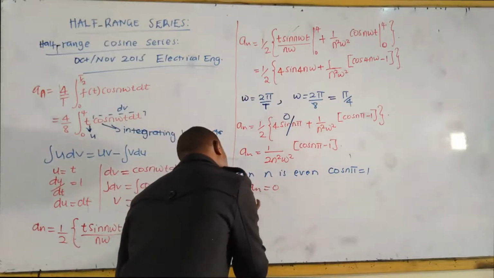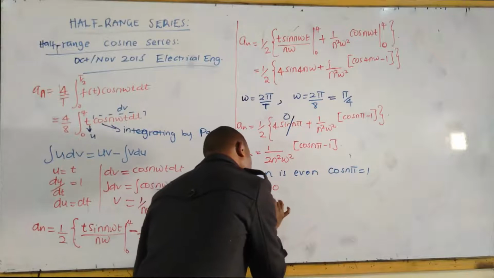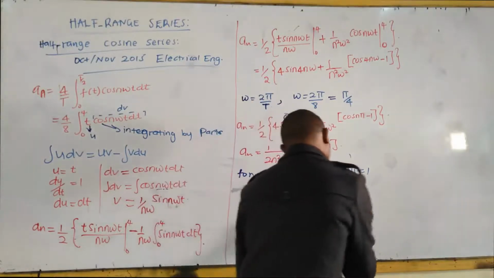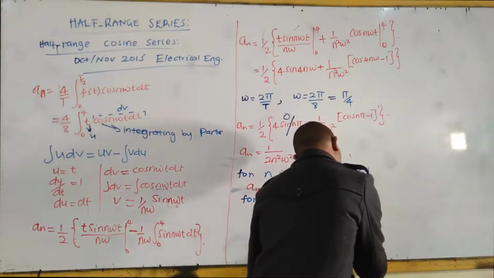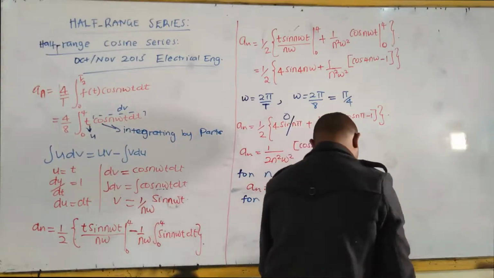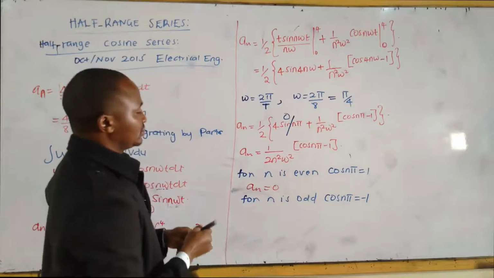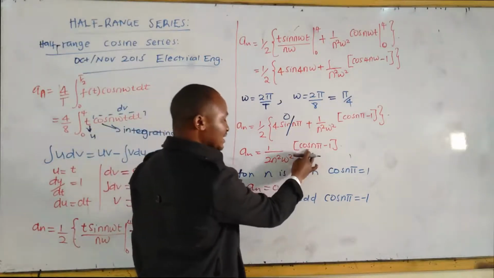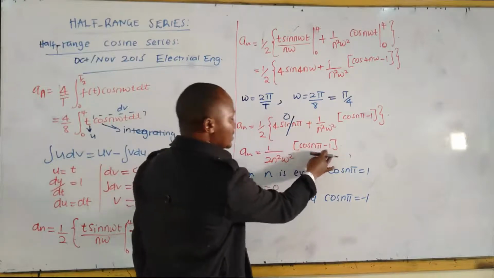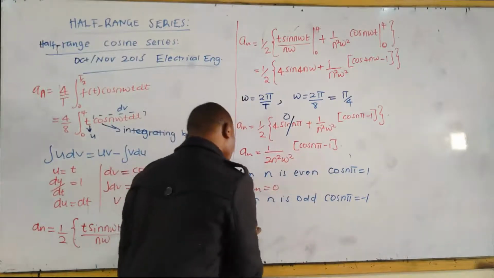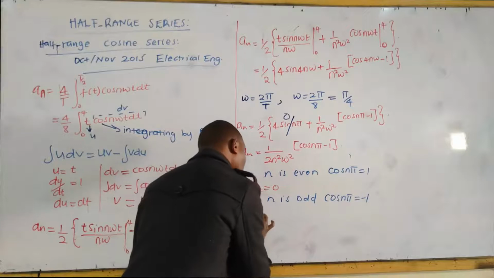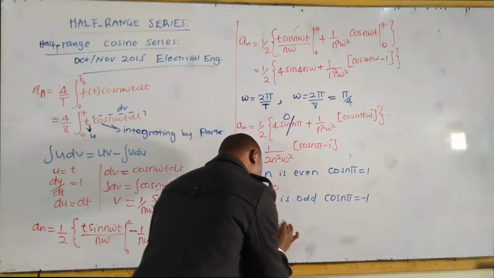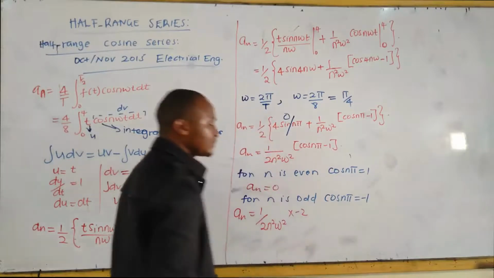For n is odd, we know that cos n pi is equal to negative 1. So, where you have cos n pi equal to negative 1, it is negative 1 minus 1, negative 2. So, here is equal to 1 over 2n squared omega squared times negative 2.